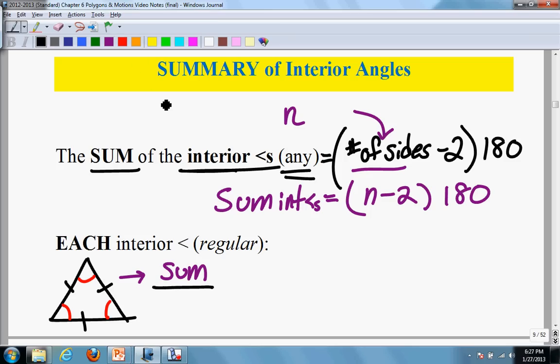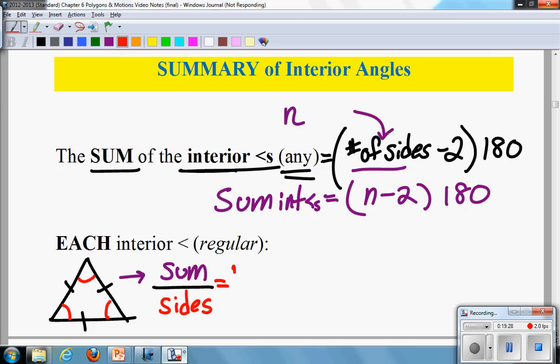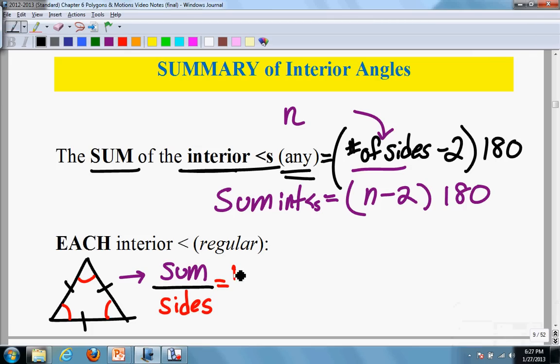For example, for an equilateral triangle, the sum is 180, so it's going to be 180 divided by the number of sides, which is 3, which gives us 60 degrees. So in a generic form, to find a single interior angle, you take the sum and divide by the number of sides.